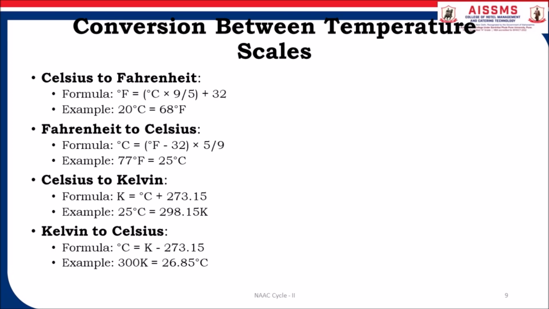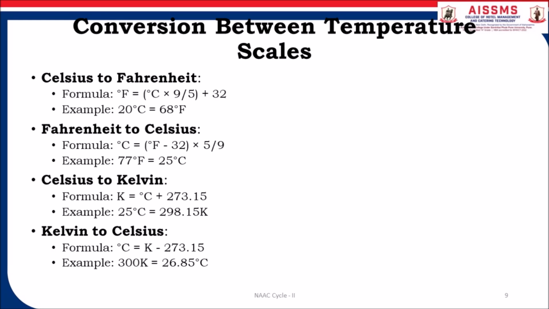Kelvin starts from absolute zero, where there is no molecular motion. Finally, let's go back from Kelvin to Celsius. So we just subtract 273.15 from the Kelvin temperature. Moving ahead, converting temperatures is as easy as pie.